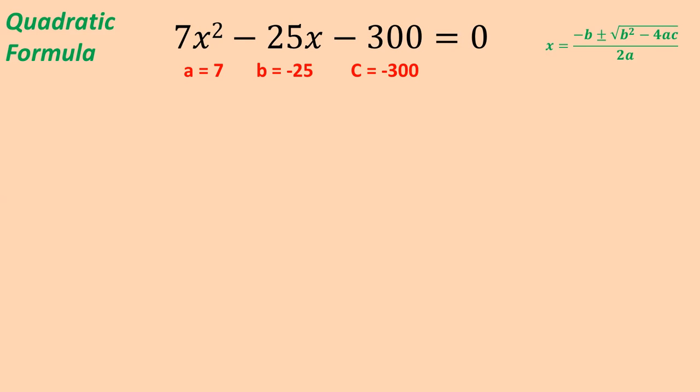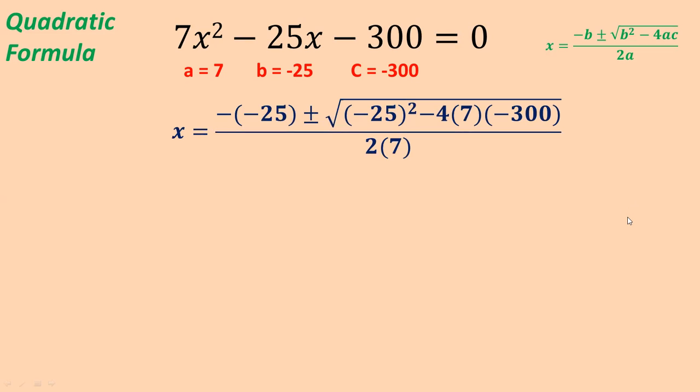So c is equal to minus 300. So here we are going to put these values in the quadratic formula. So minus or negative into negative 25, plus minus root of negative 25 whole square minus 4 multiply 7 and multiply negative 300, divided by 2 multiply 7.